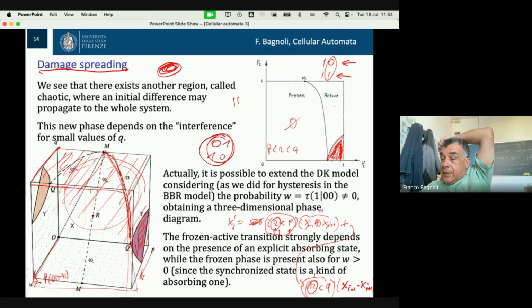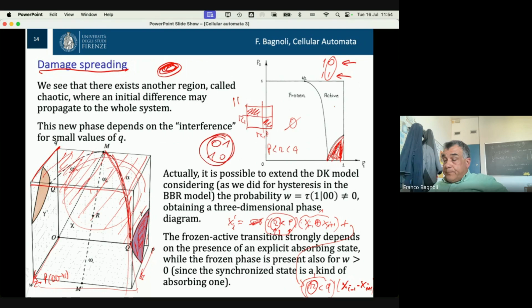So essentially, if these are the two random numbers, R1 and R2, there is a whole region in which this one is 1 for R1 less than P, say here is P. This one is 1 for R1 less than Q. And so they have different results in these two regions, and not just in a single region like here.